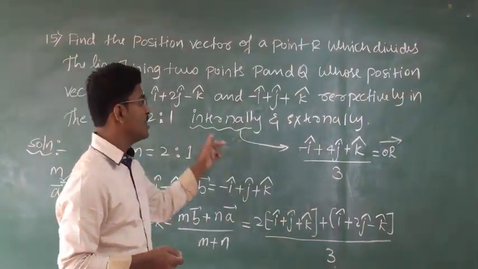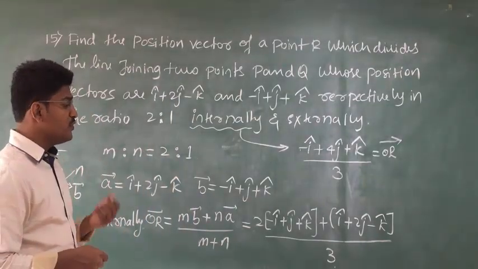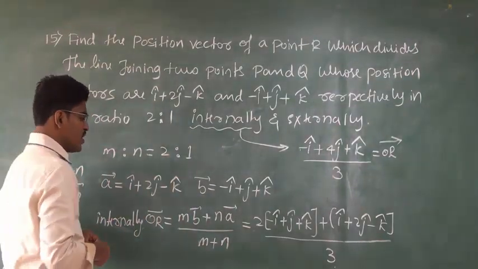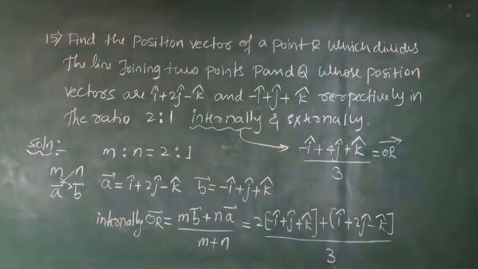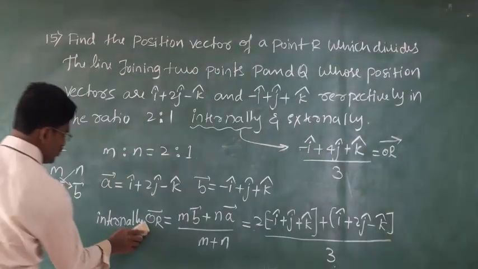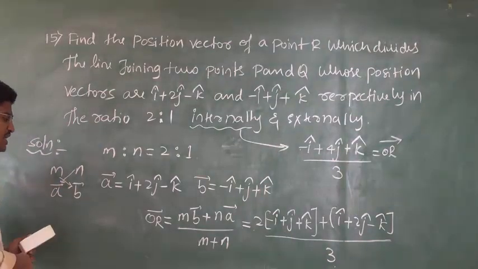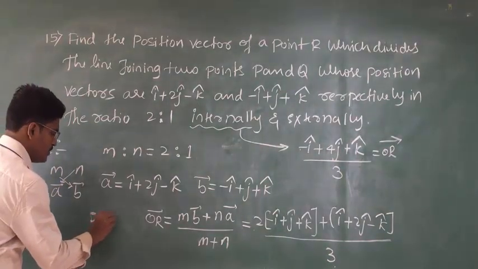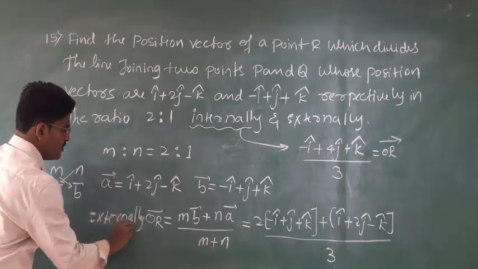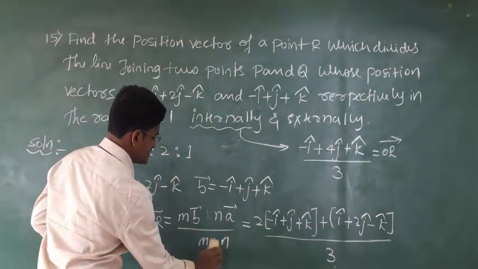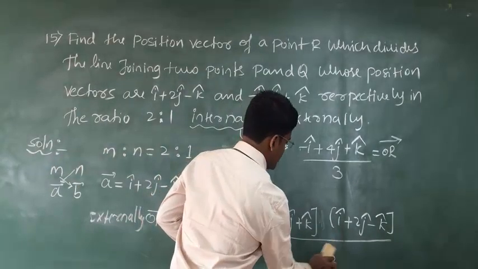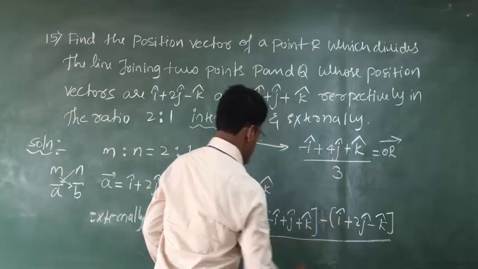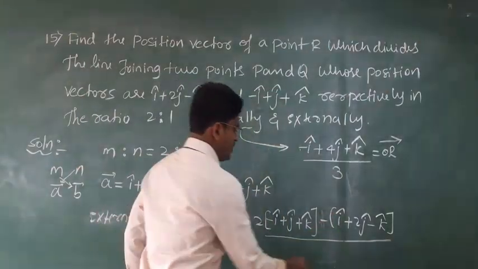Now, if you want to solve externally, what we have to do is just a small change: you just change this sign to negative. So 2 minus 1 will be 1.